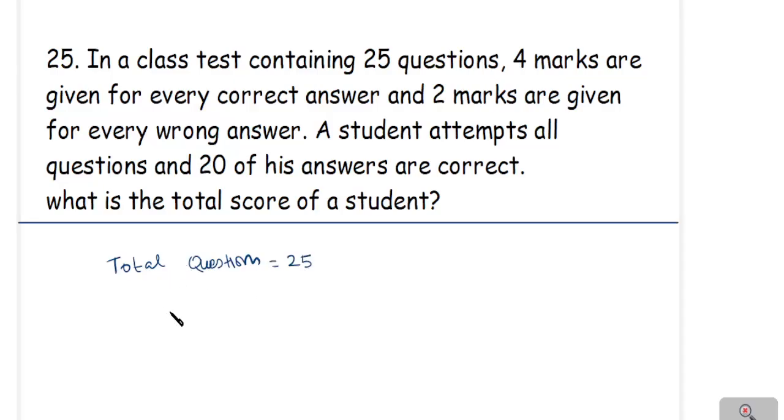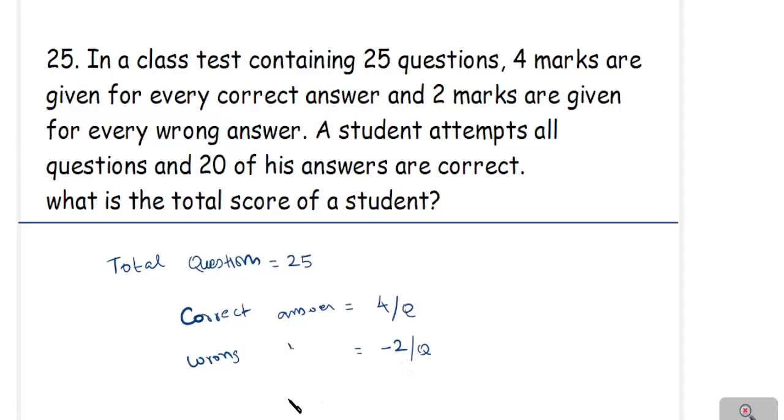And the right questions, the correct answers. For a correct answer, he will get 4 marks per question, and for a wrong answer minus 2 marks per question, because wrong answers carry negative marks.